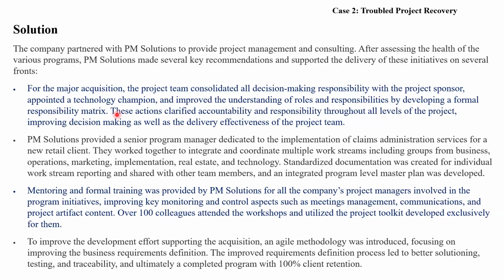Since they don't have much experience with project management activities, having this responsibility matrix gives the project team members a clear picture of what is expected from them, right? Then it is easy for them to carry out their assigned roles and works, and these kinds of issues may not arise.